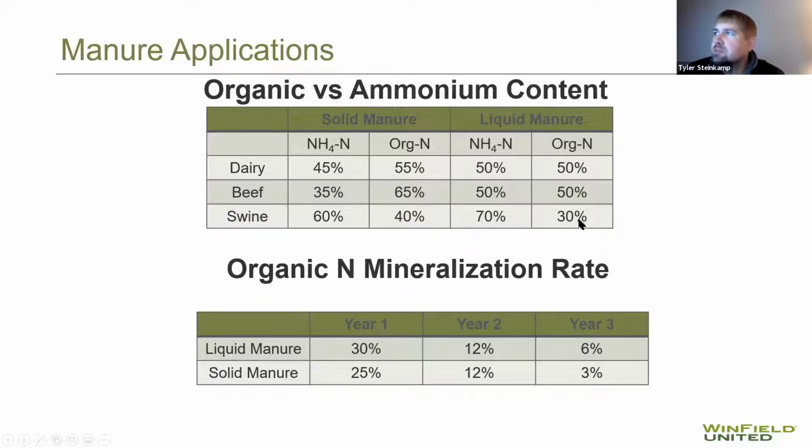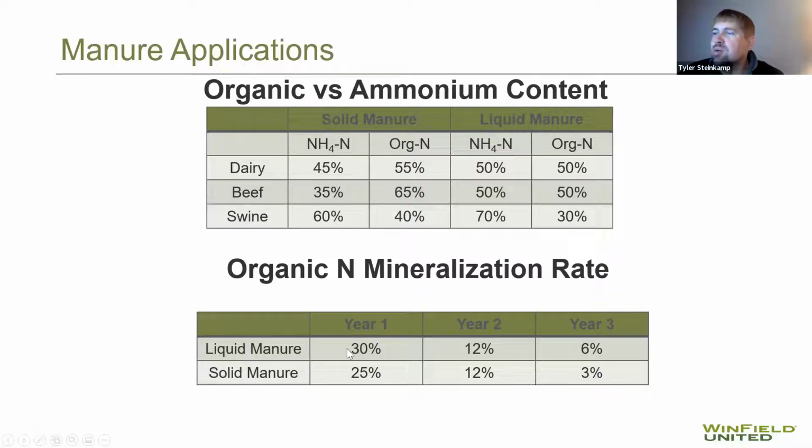Okay, now some of you might wonder, okay, organic nitrogen, how much of that is going to be available? Because 70% of liquid swine manure is going to be available in the first year. How much of that liquid swine manure in the organic nitrogen form is going to be available? So we go down here, liquid manure, we get about 30% of that organic nitrogen to mineralize.